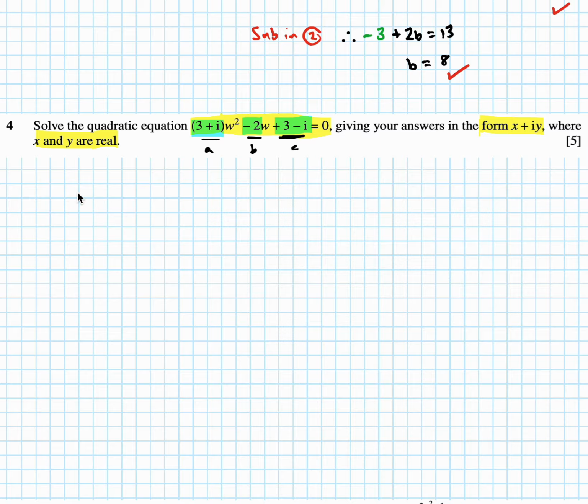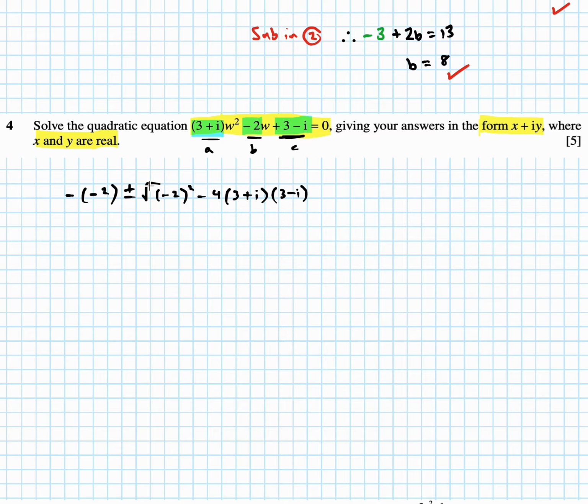So let's do that. So w, we're going to have minus 2 plus or minus root, minus 2 squared minus 4 times 3 plus i, and then 3 minus i.